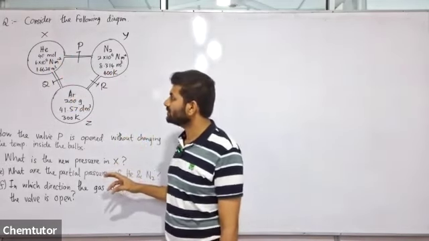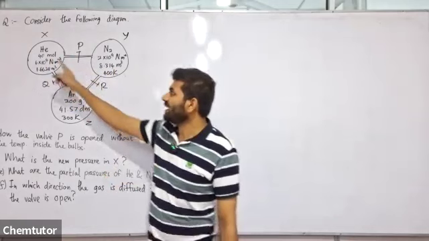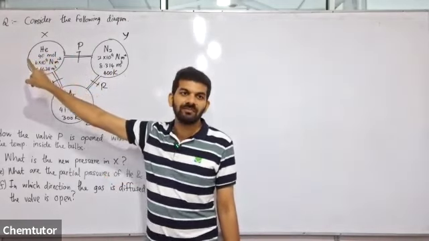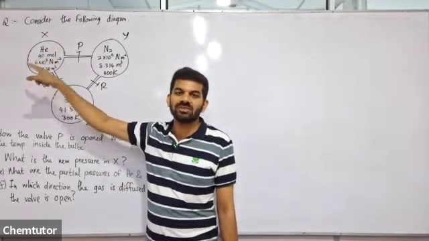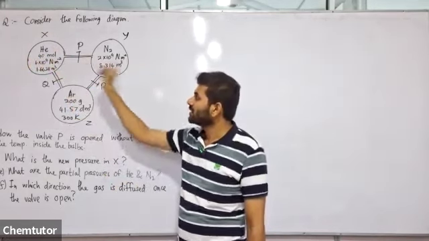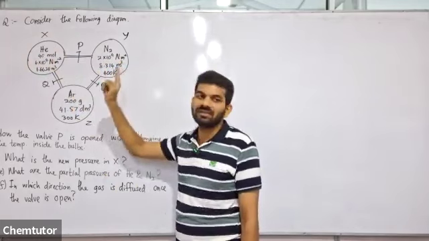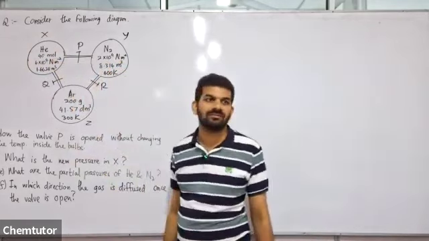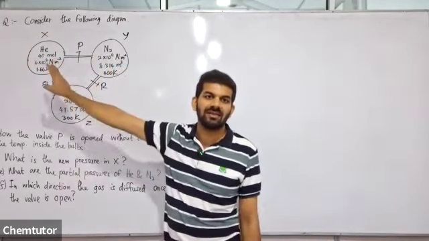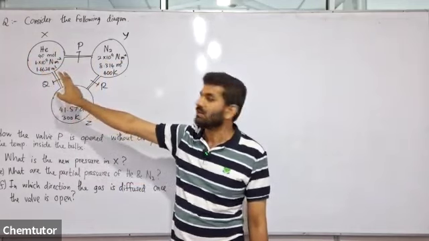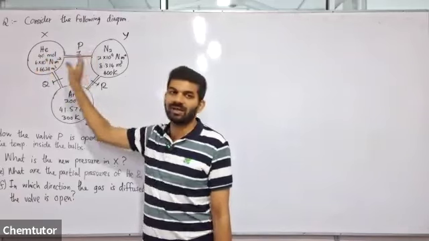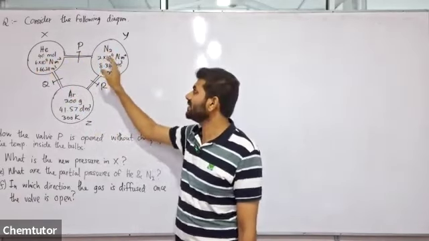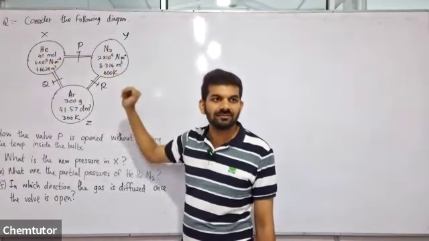Initially we had 40 moles of helium over here. Out of that 40 moles, let's assume simply A moles are flowing from helium to nitrogen direction, that is from X to Y, because of the high pressure. Then if A moles of helium flow from X to Y, here the number of moles will increase.